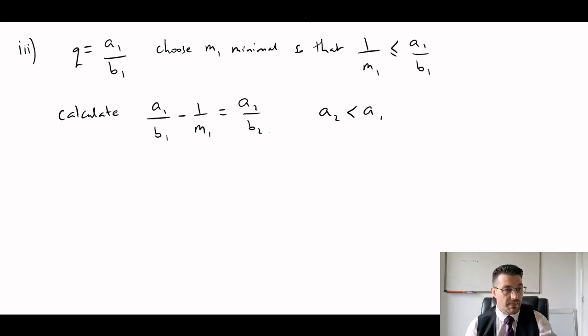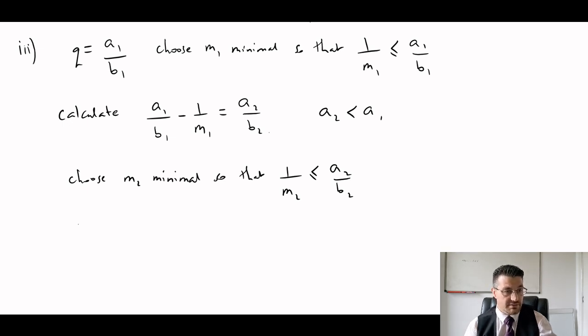So now, again, choose M2. And again, I'll say minimal, which means the smallest natural number in this context. So that 1 over M2 is less than or equal to A2 over B2.